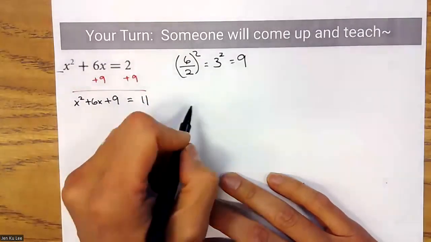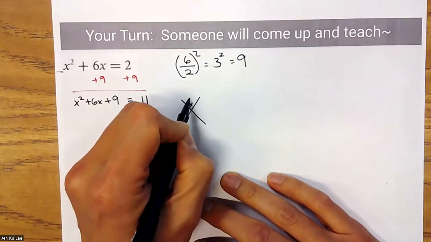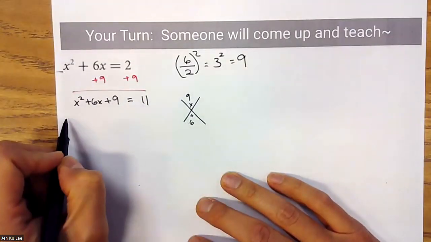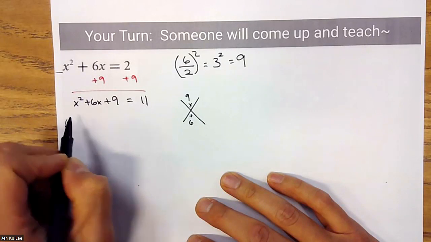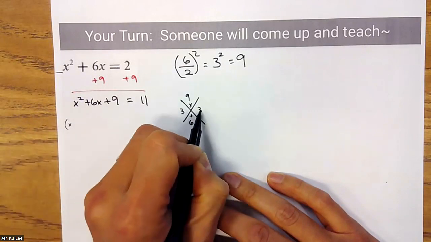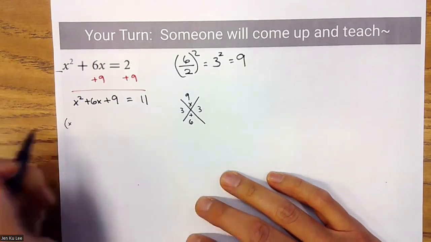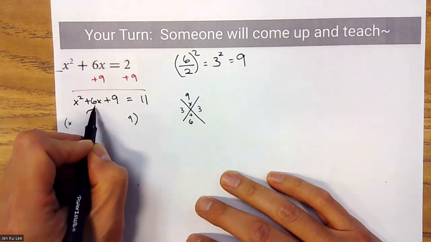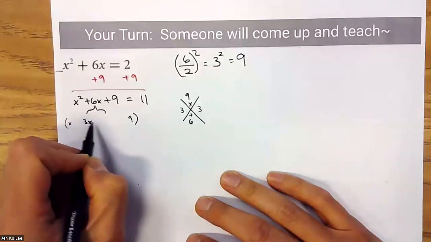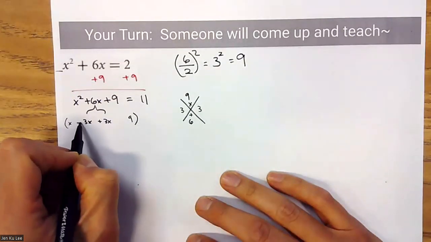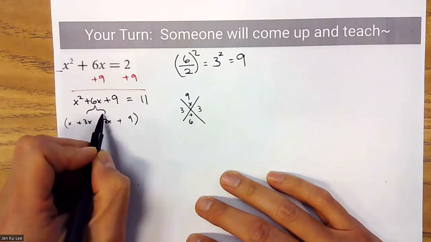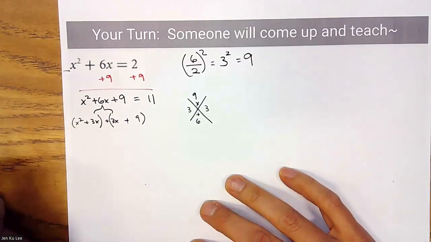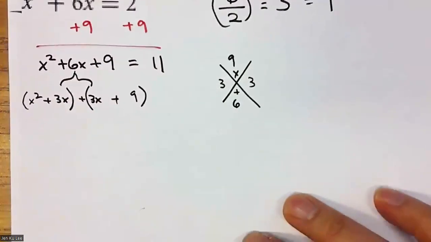Using your factoring skills, give me two numbers that multiply to 9 and add to 6. 3 and 3, right? 3 plus 3 is 6. 3 times 3 is 9. So I'm going to split up the 6x into 3x plus 3x. Gather up the first two, gather up the next two, right? And I got that.